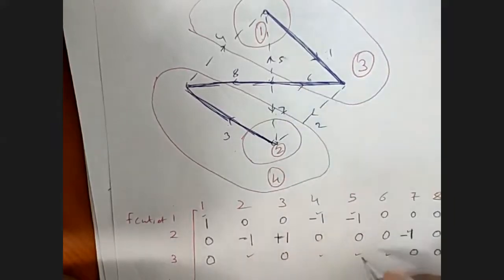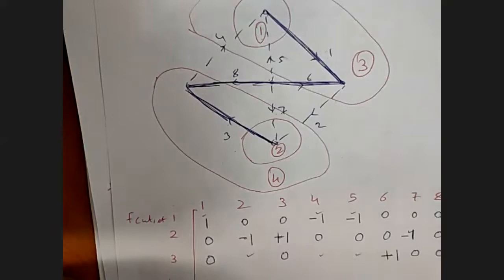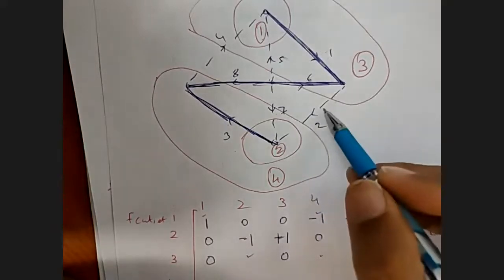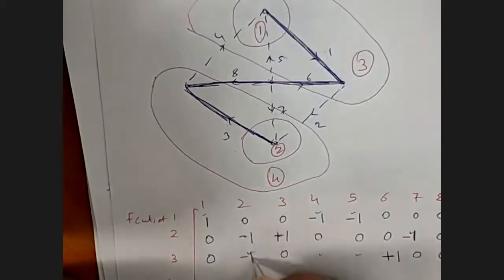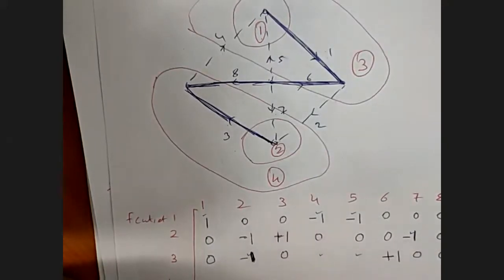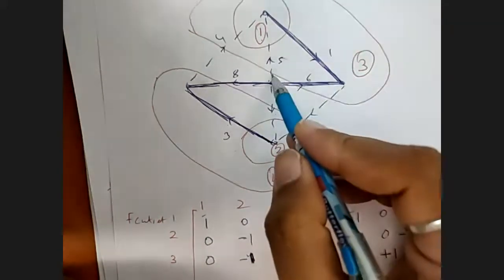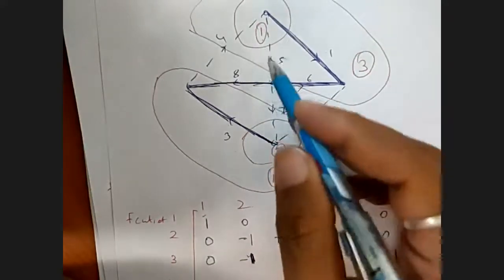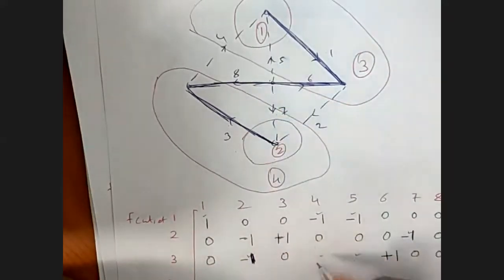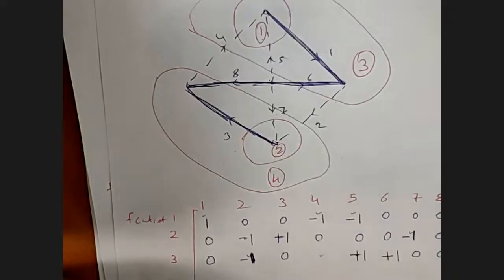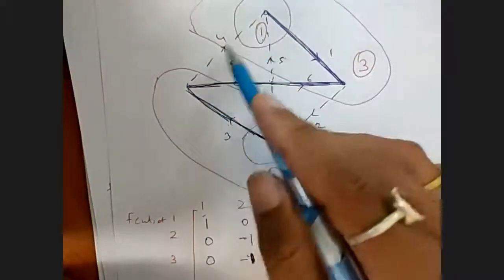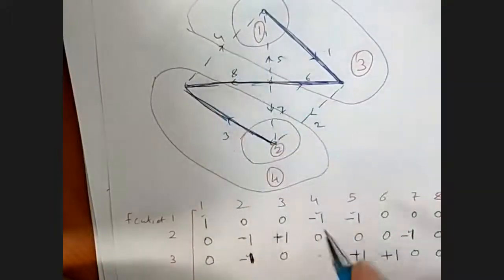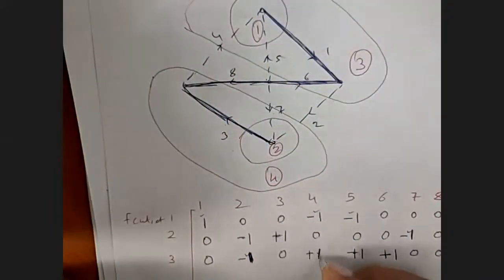So it will be plus 1. 2 is outgoing to the circle. That means minus 1. 5 is incoming to the circle. That means plus 1. And 4 is also incoming to the circle. That means plus 1.